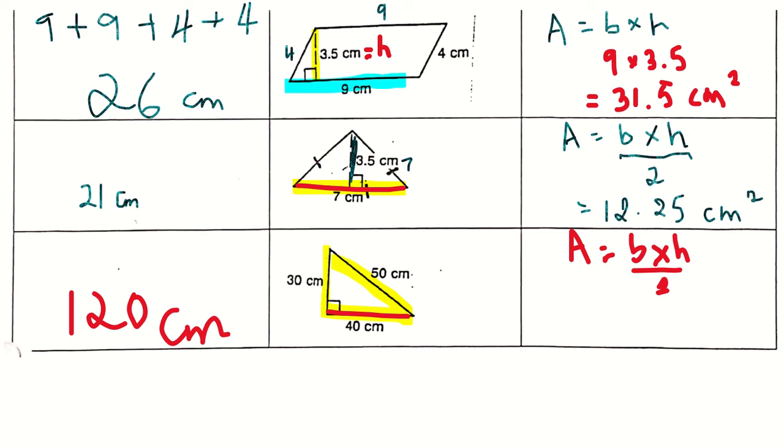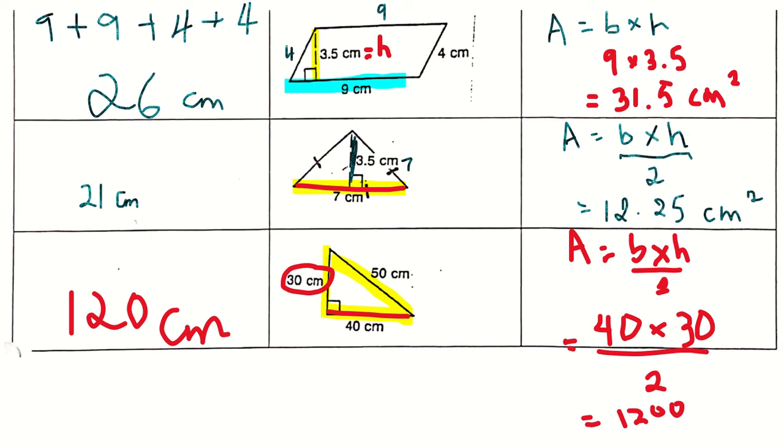This one's a different kind of triangle because it's a right triangle. And so the way it's been laid out, the 30, this is how tall it is, the height. So we're going to do 40 times 30 divided by 2. 40 times 30, well, that's like 4 times 3, which is 12 with the 2 zeros added.